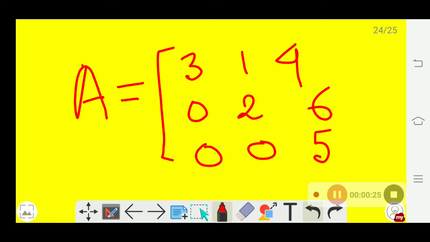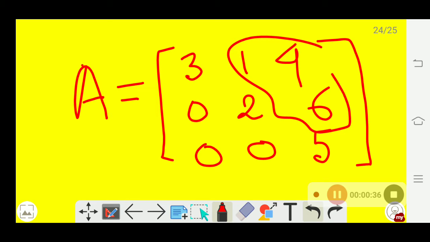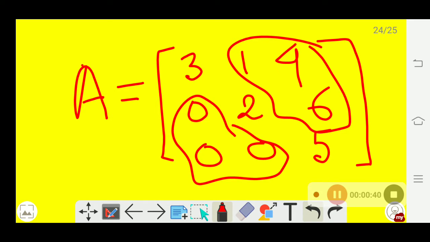Now I'm asking you a question. Can you tell the eigenvalues by just seeing this matrix? Your answer should be yes, because this is an upper triangular matrix. On the right hand side the elements are present, and on the left hand side of the diagonal there are zeros.